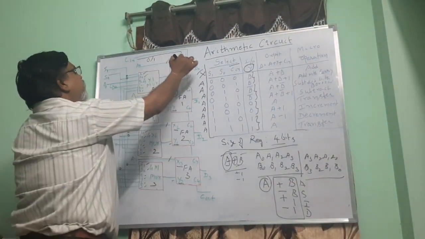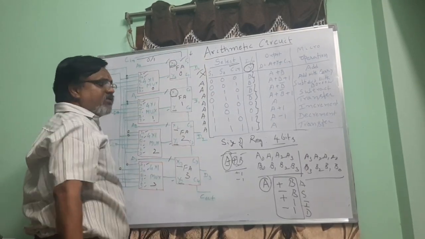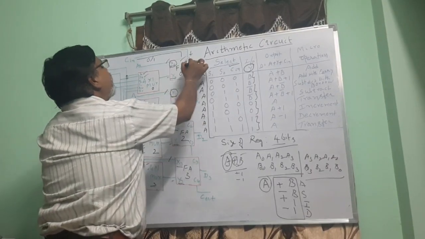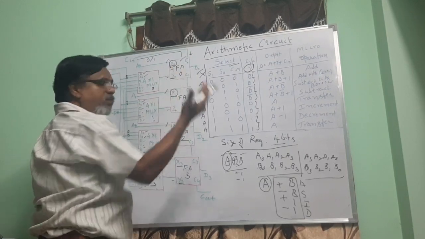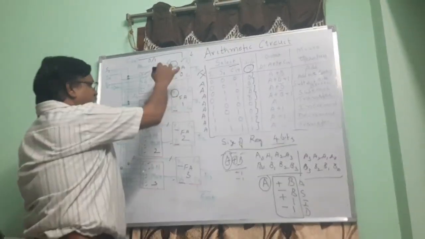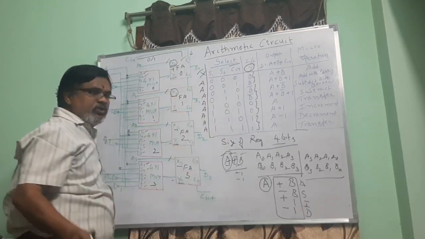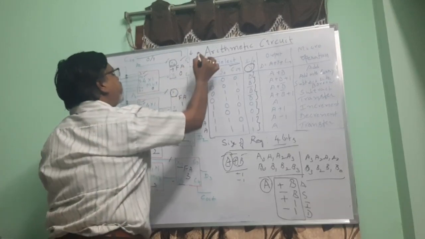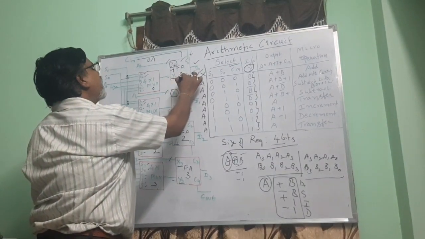So now for the first full adder, when we give C0 as the third input, we perform x0 plus y0 plus c0. Whatever it is, y0 may be B or minus B or plus 1 or minus 1, but the operation is x0 plus y0 plus c0. It gives you one sum and one carry bit. Here this is the sum bit, and this is the carry bit.